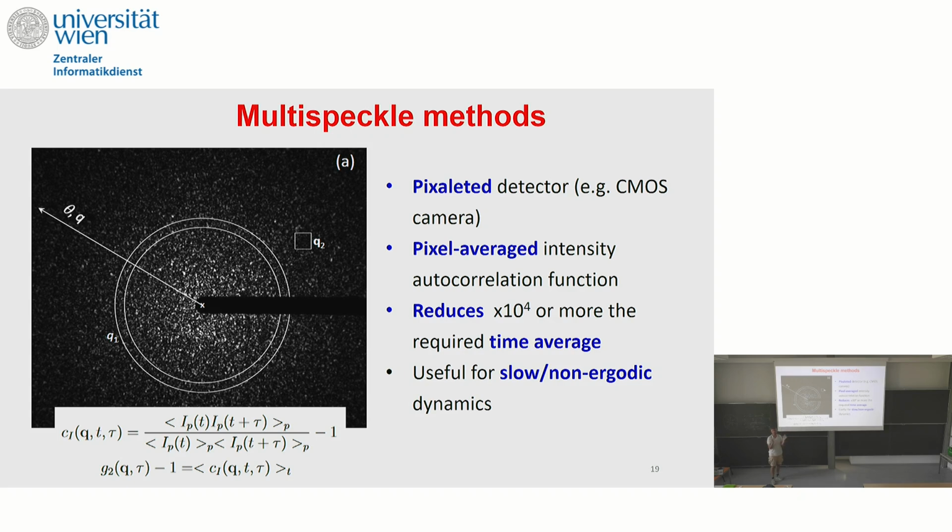Keep in mind that if I change the Q vector, I change the length scale, okay? So this is a sort of intensity correlation function averaged over this small range of Q vectors. If I further average it over time, then I go back essentially to the usual G2 minus 1 function.